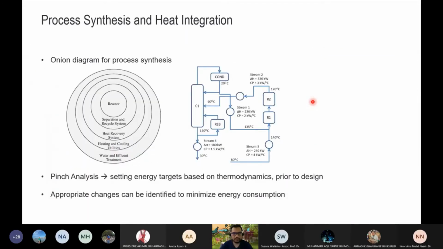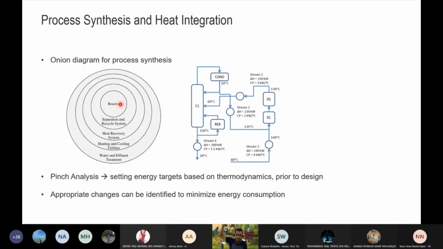I'll start with this, for example, assuming that you have a flow sheet, because in your design project you design the process. Typically, we design the process in class using the onion diagram from Douglas. We start from the reaction, and that reaction design we use to design the reactor.